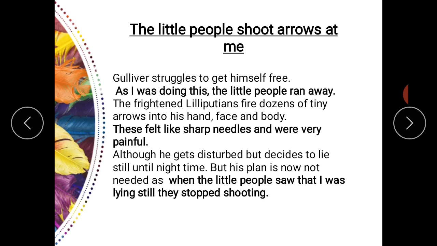Next is "The little people shoot arrows at me." So when he tried to get himself free, how would those little Lilliputians be feeling? They must be frightened of him. Gulliver struggles to get himself free, and as he was doing this, the little people ran away.